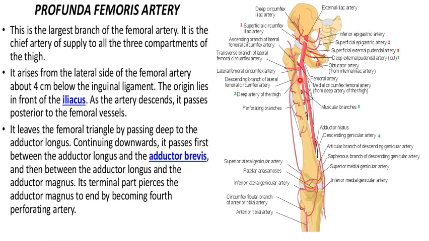Okay, so to remember, it leaves the femoral triangle passing between the adductor longus and brevis, and then it is between adductor longus and adductor magnus, because brevis is still here only. Then the whole length is adductor longus. So here it is the brevis. In front of that is adductor longus here. So it is first between longus and brevis. As it comes down, it is between longus and magnus.